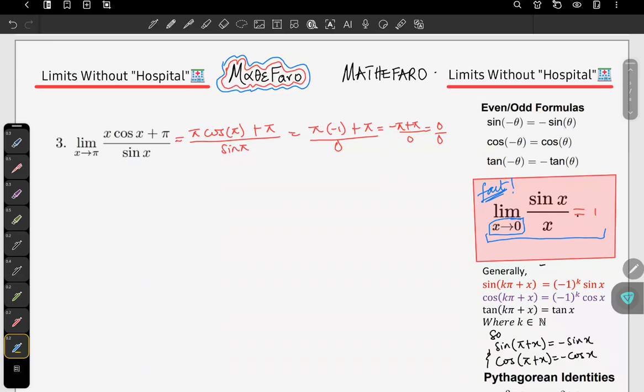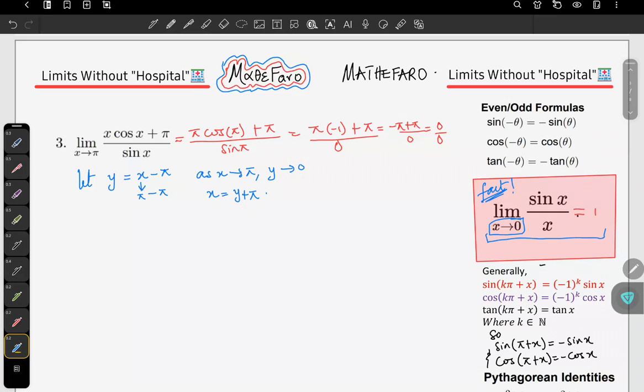As x goes to pi, we can let y be equal to x minus pi. That means as x goes to pi, our y will go to 0, because if x goes to pi, this becomes pi minus pi, which is equal to 0. So if we do that, then x is equal to y plus pi, or pi plus y.